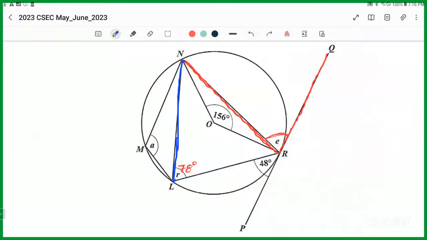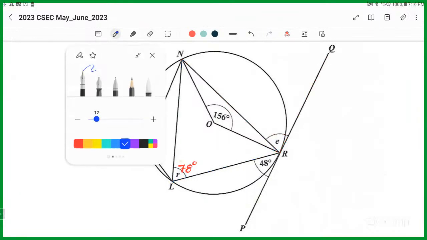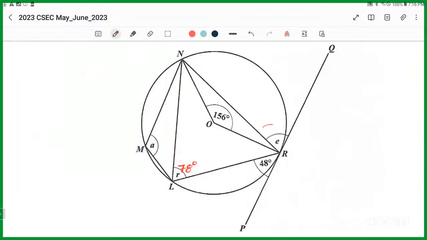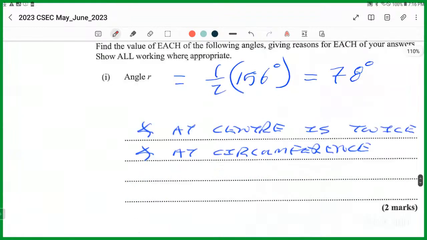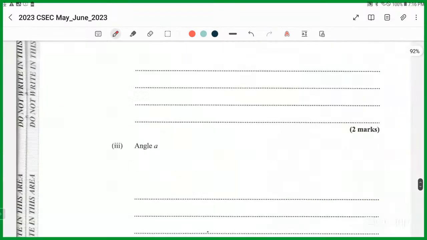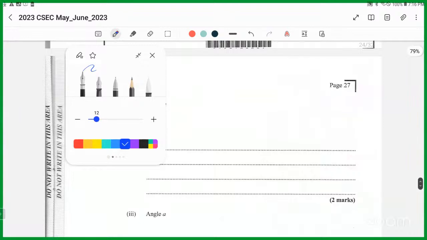It's tangent and chord, also called the alternate segment. So E is 78 degrees as well. Angle between tangent and chord equals the angle subtended by the chord. It is also 78 right over here. So I'm going to put it down there. This angle is 78.